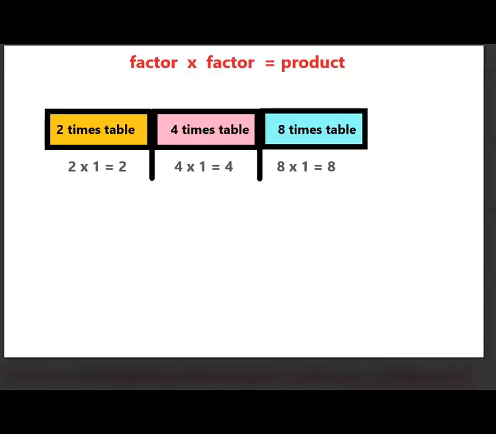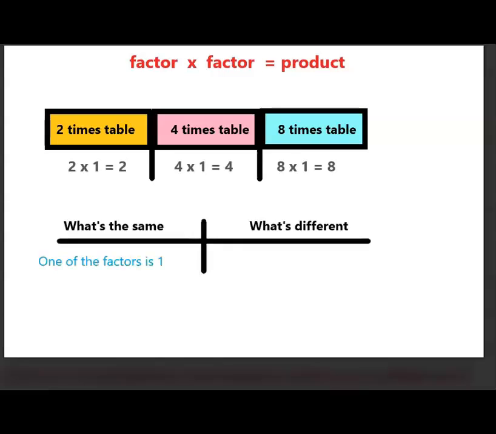Let's look for a pattern to help Mo by using our times tables. So here we've got the 2 times table, 4 times table, 8 times table. 2 times 1 is 2. 4 times 1 is 4. 8 multiplied by 1 is 8. So let's have a look and see what's the same and what's different. In each one, one of the factors is 1.